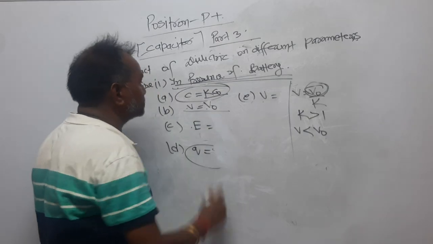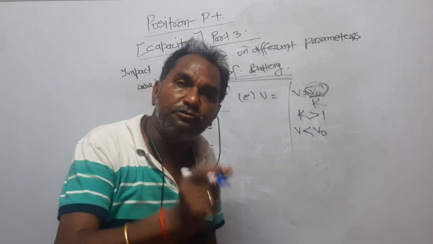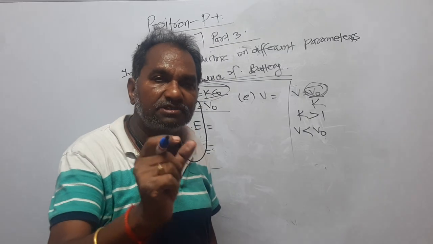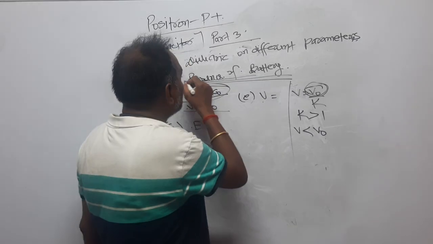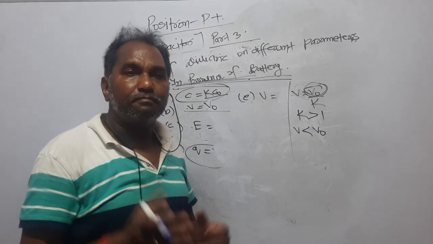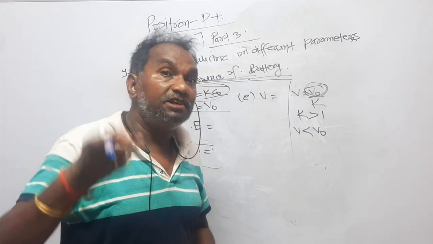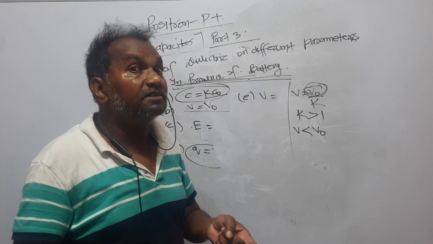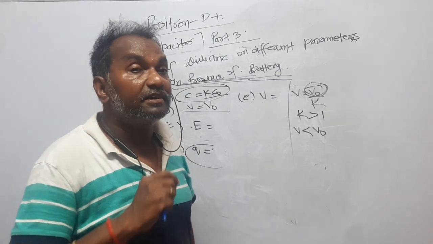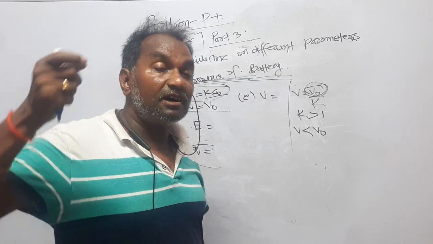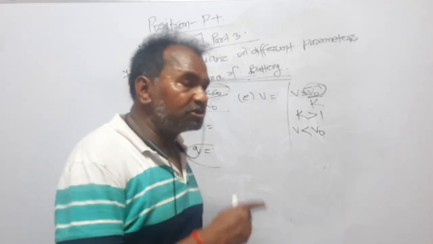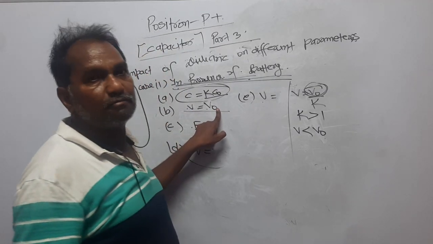That is why I am saying, even though you have introduced the dielectric between the plates of the capacitor, in the presence of the battery, the potential is reduced at first, but it will get more charge, it will charge again, so that it reaches the same potential.